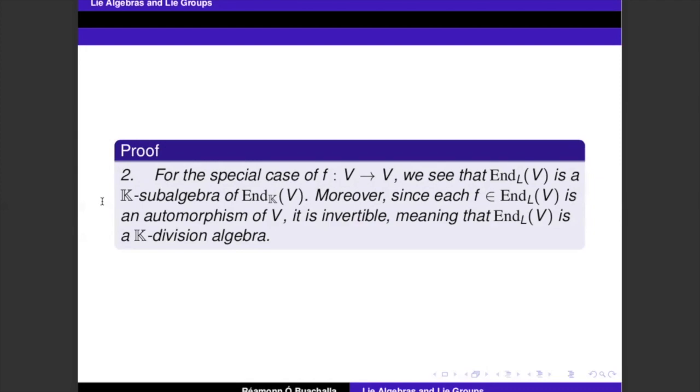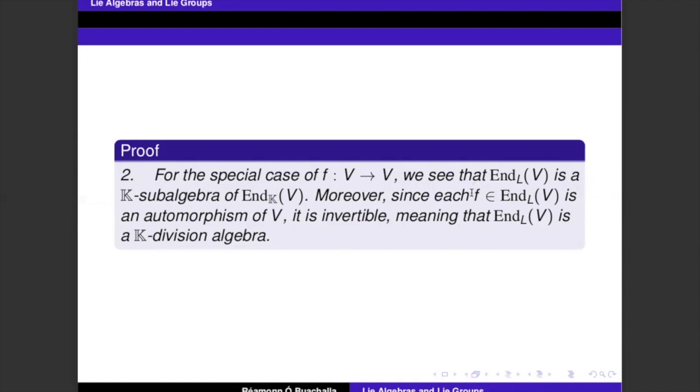If you add together two L module maps, it's clearly again an L module map. If you multiply by a scalar, it's clearly again an L module map. And if you compose two of them, then it's clearly an L module map, because you just need to bring it out through two functions this time, but that works. So it's a K subalgebra of this algebra here, defined under closure. It's a K subalgebra.